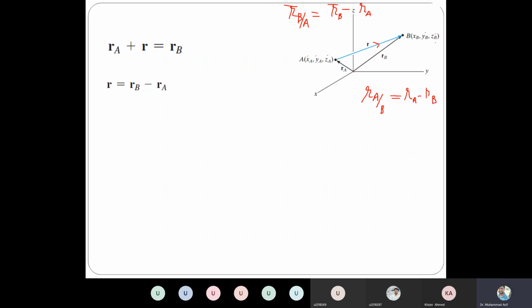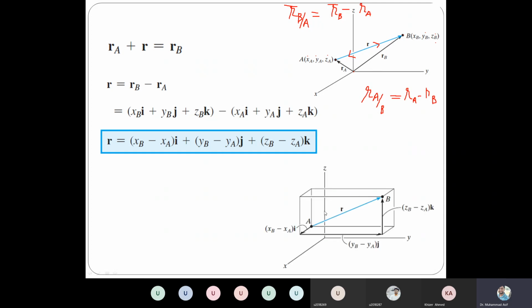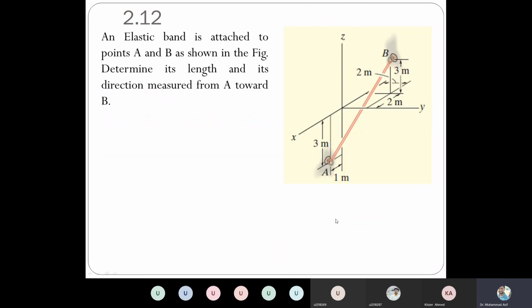Now the direction of this arrow will be reversed. Now the direction will be in this direction, because we want the position of A with reference to point B. So this is the position vector, XB minus XA, YB minus YA, and this is the graphical representation.